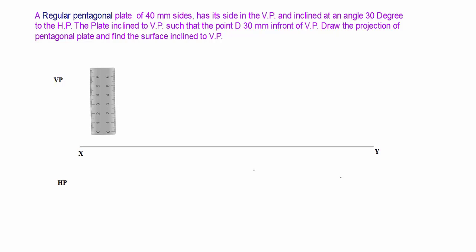Now understand here, the plate is in VP. So what is your elevation? My elevation is always the true shape of the plate, because my pentagon is resting in VP plane.